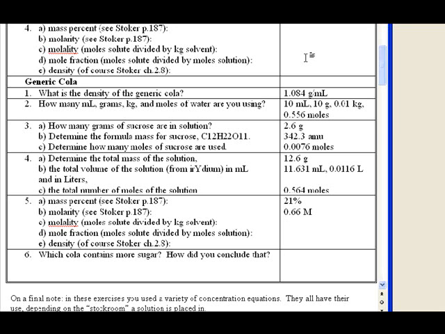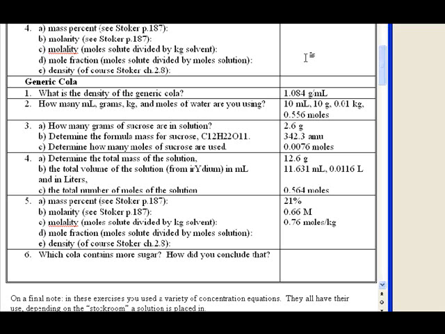So I take moles solute, which is 0.0076 moles of the sucrose, divide by the mass of the water that was used because it's the solvent, so divide by 0.01 kilograms. Comes out to 0.76 moles per kilogram.